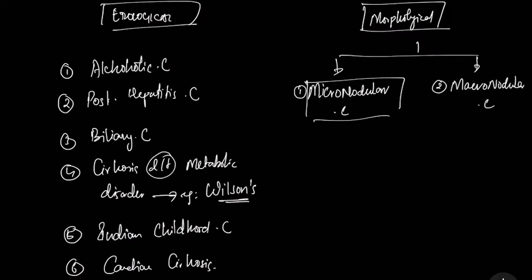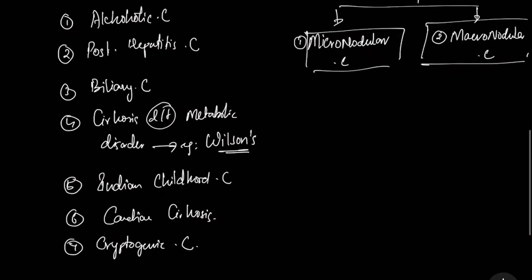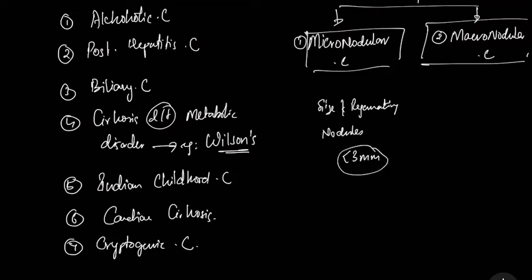So let's study what these two are. In your micronodular cirrhosis, the size of the regenerating nodules is less than 3 mm. Whereas in your macronodular cirrhosis, the size varies and it's above 3 millimeter.